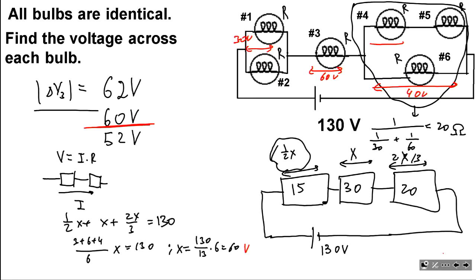Now, what voltage should I write for this single bulb number 4? 20, a half of 40 here, a half of 40 here. So now we can rank all the bulbs according to the brightness. The highest voltage is here, that's the most bright bulb. Then this one. Then those two equally bright but dimmer, and those two equally bright but even dimmer.